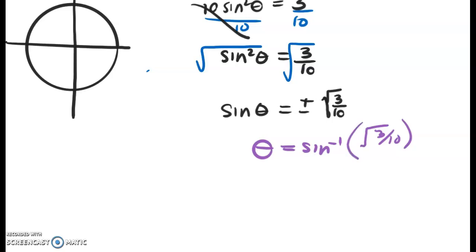This will give me the reference angle in quadrant 1. In quadrant 1, sine's positive, and in quadrant 2, sine's positive, so I'll have to find it in quadrant 2. But this is plus or minus square root 3 over 10, so I'm interested in quadrants 3 and 4 also. I'm going to have a total of 4 angles here.